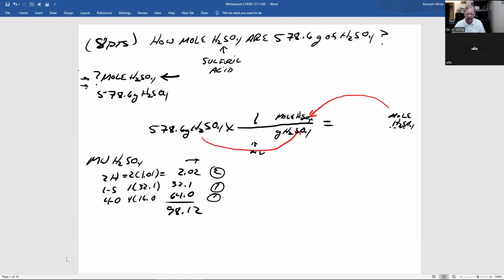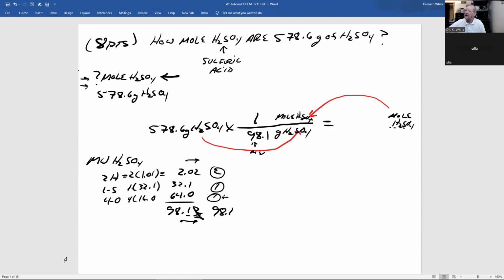So the lowest number is 1. So now we have to round this off to 1 significant figure to the right of the decimal. I'll keep the 1, use the 2 to round off. That's 4 or less, so I'll drop it. So the answer for the molecular weight of sulfuric acid is 98.1. And that's 98.1 grams is 1 mole.